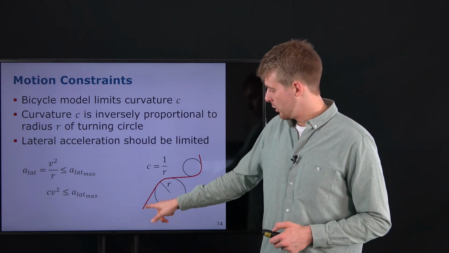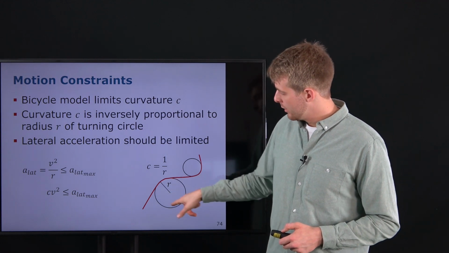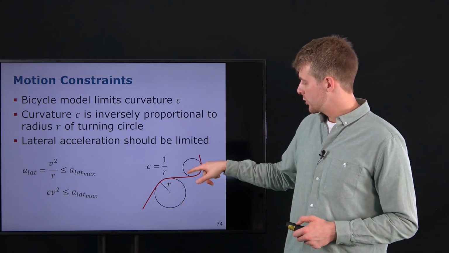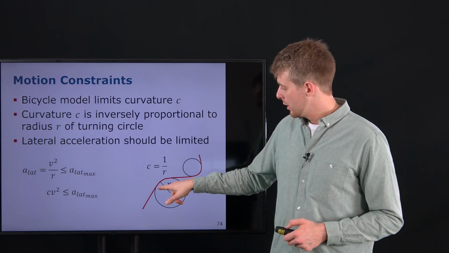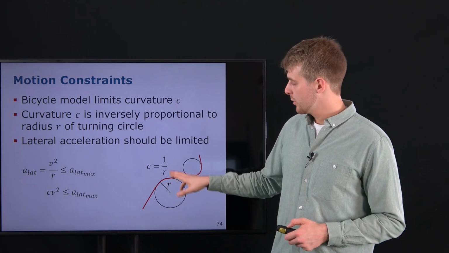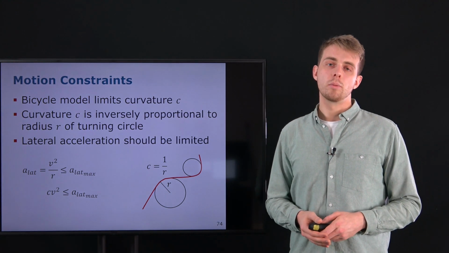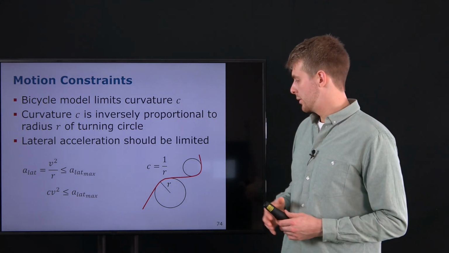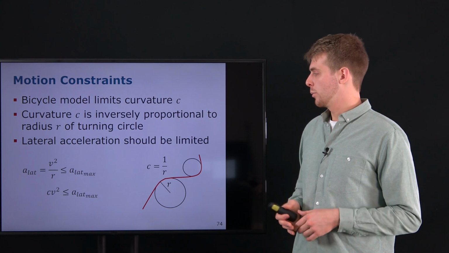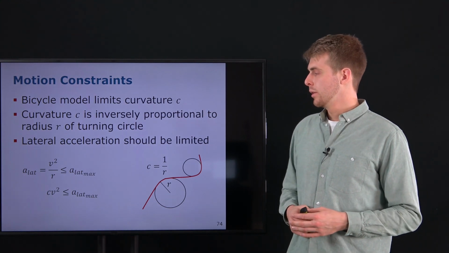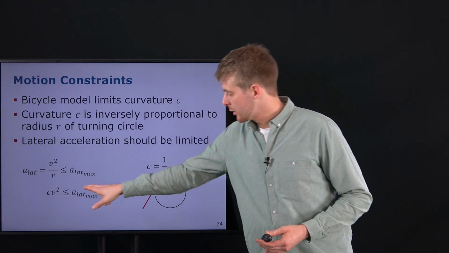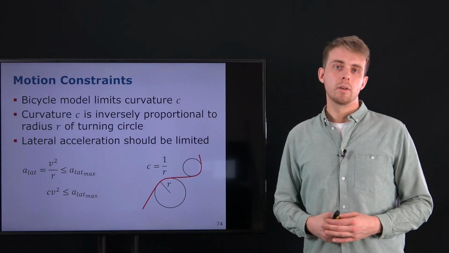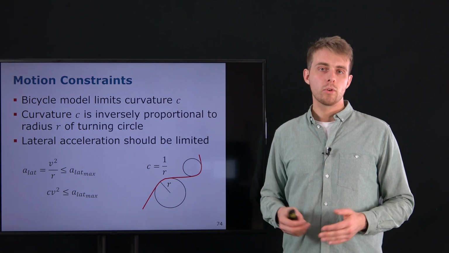When we look at this trajectory here, we can approximate these circles with the center of curvature here, and the radius of the circle is inversely proportional to the curvature. From the curvature, we can compute the experienced lateral acceleration, and then we define a specific maximum acceleration which is still okay for a passenger.